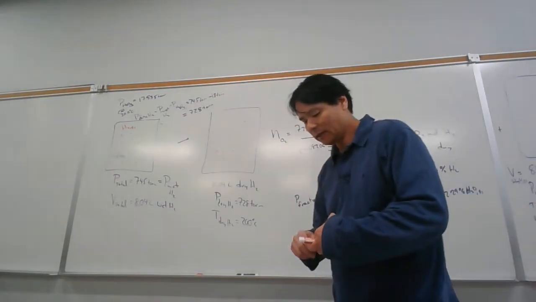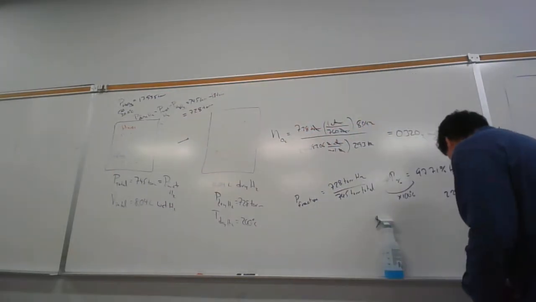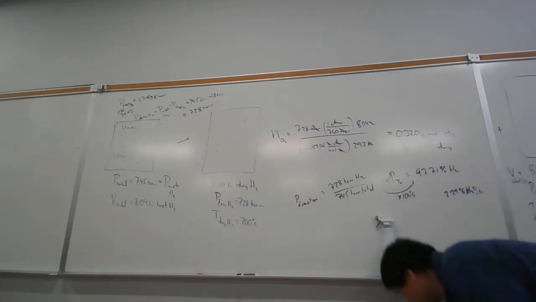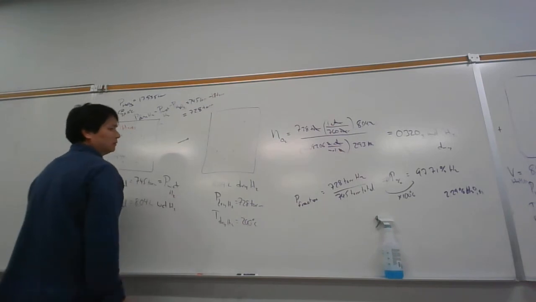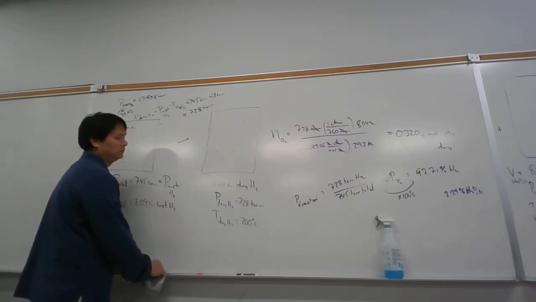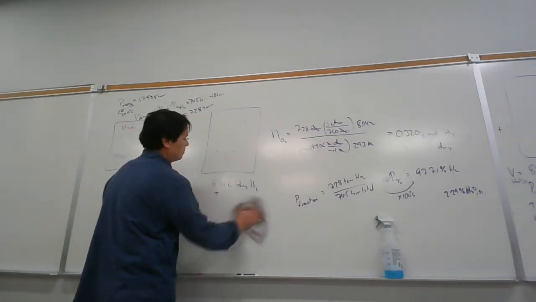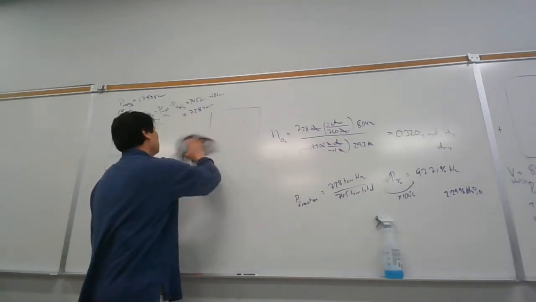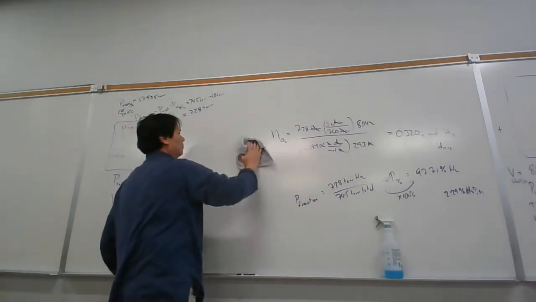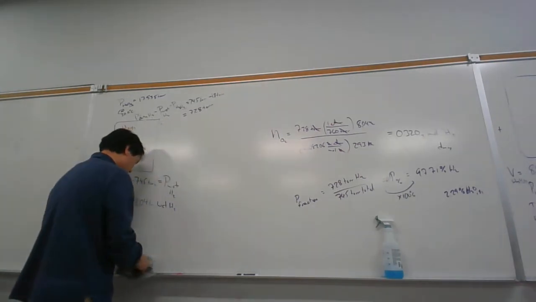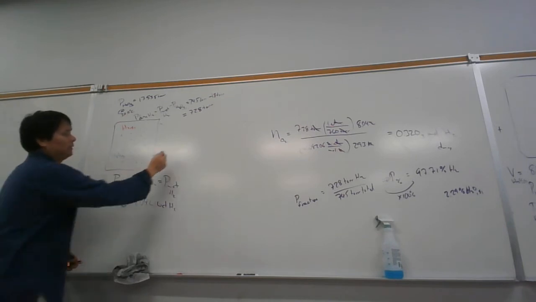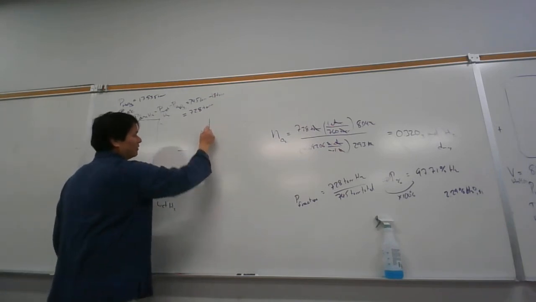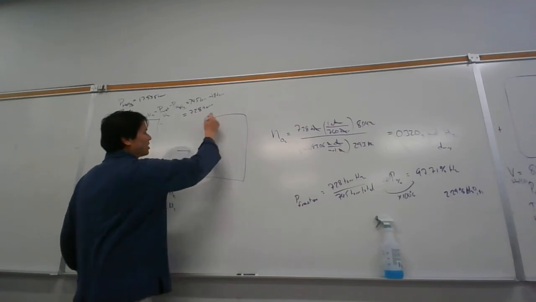The other way of looking at this mixture is via Avogadro's. So what would be different if I describe this mixture in terms of Avogadro's? In terms of Avogadro's, first I'm going to have the volume of the dry hydrogen.